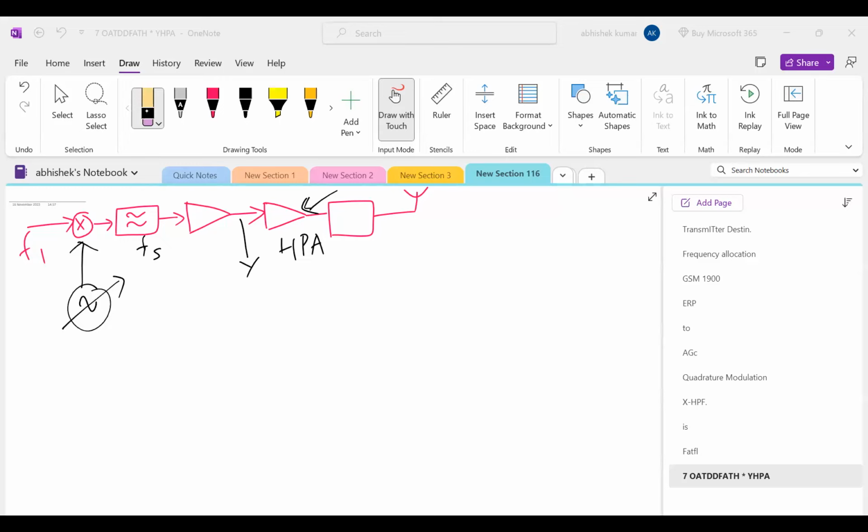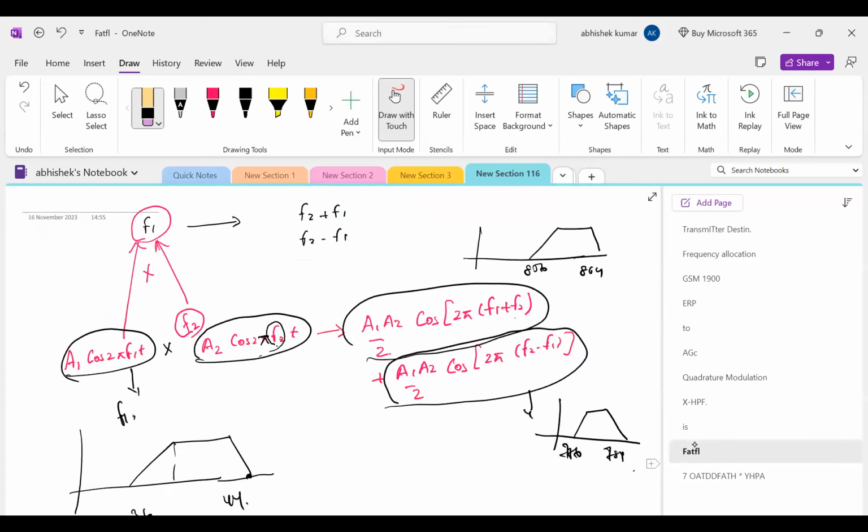Why is it F1 plus F2 if we're multiplying? Because I just told you, if we multiply two signals of different frequencies F1 and F2, it will give two frequency components, F1 plus F2 and F2 minus F1, right?